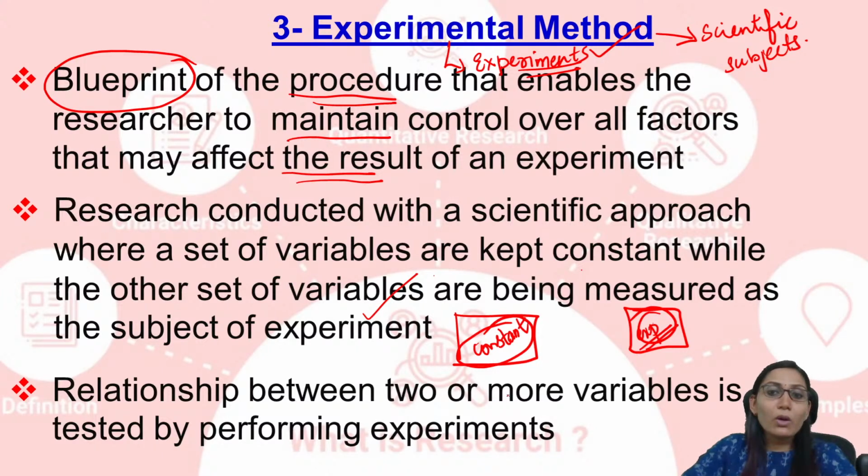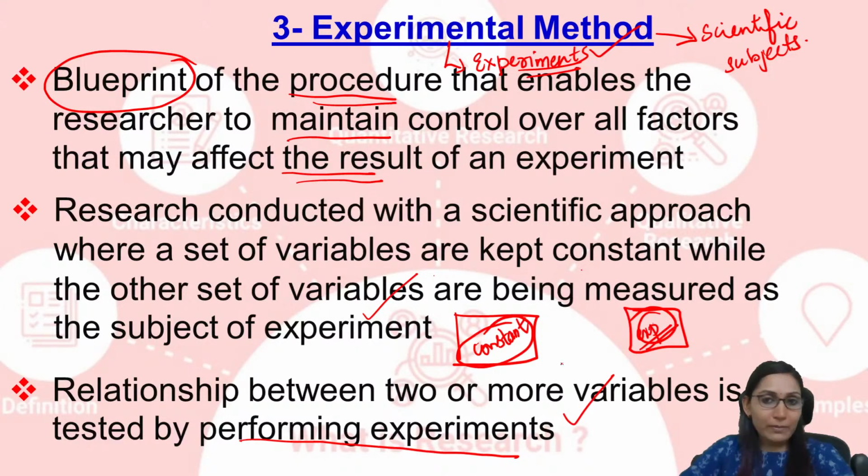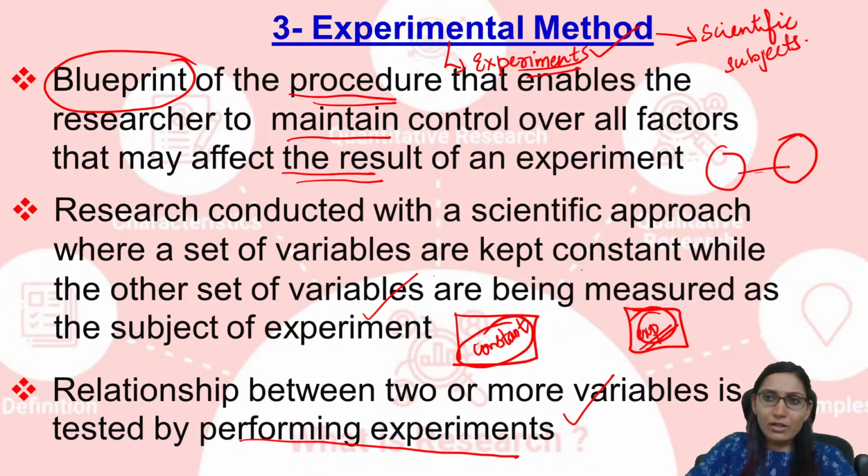The relationship between two or more variables is tested by performing experiments, that is, how the two variables are correlated or interrelated to each other. How is this tested? It is tested through conducting various experiments.